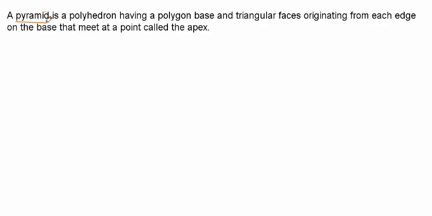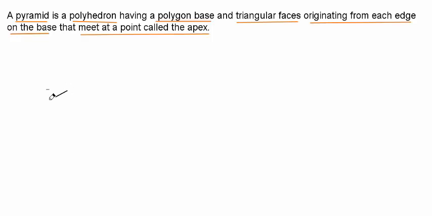A pyramid is a polyhedron having a polygon base and triangular faces originating from each edge on the base that meet at a point called the apex. Pyramids are named by the names of their polygon bases.